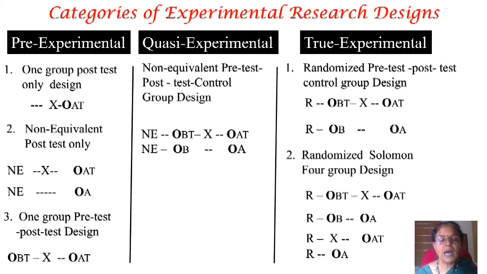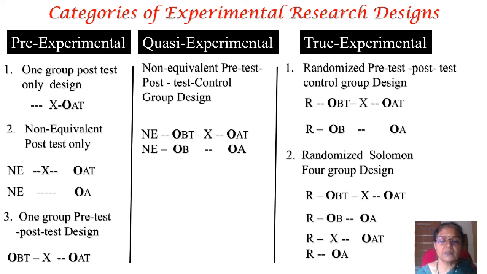They may have different intelligence levels, and these two groups may have different motivational levels. So there may be some extraneous variables operating in this experiment. So that is why we say this is not a true experiment, but it is pre-experimental or informal experiment. So in this second design, you see no randomization, but the two groups are there and treatment is there and no pre-test.